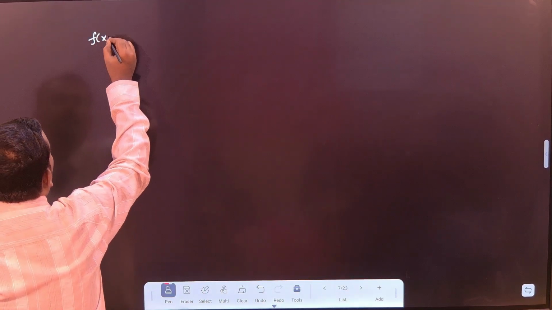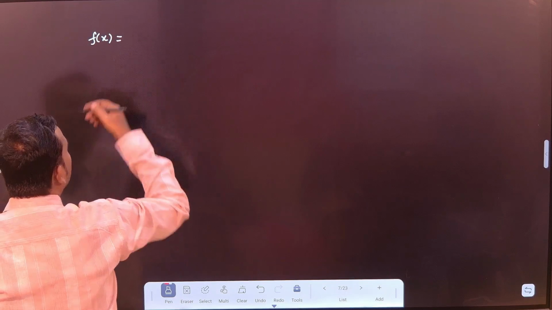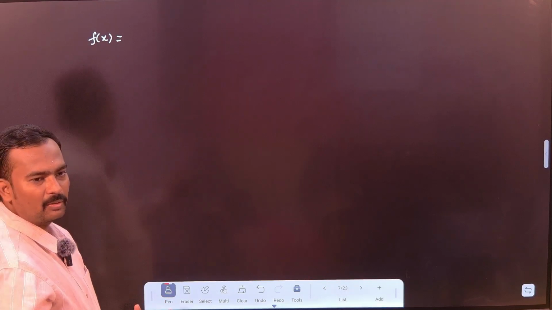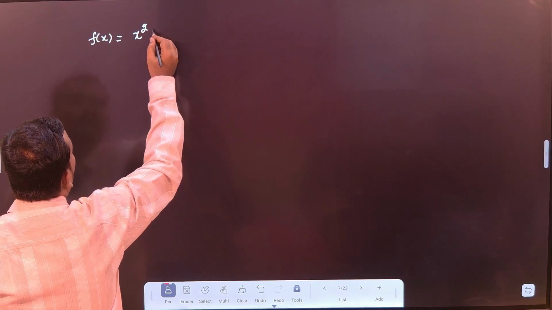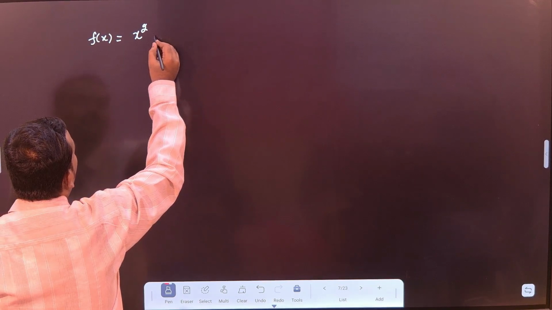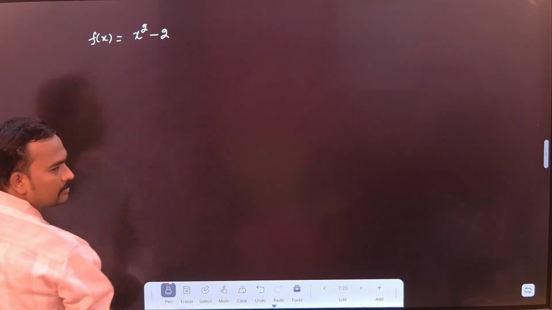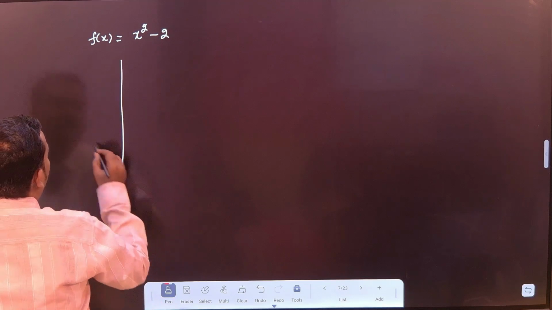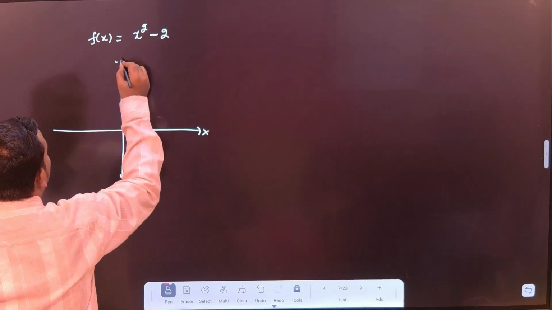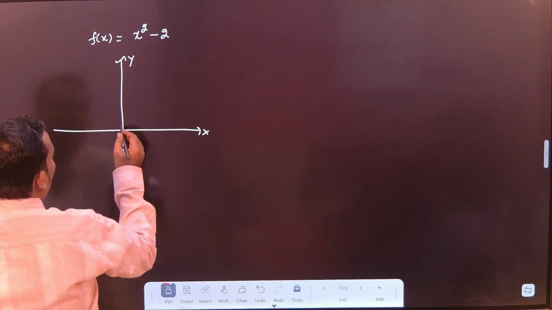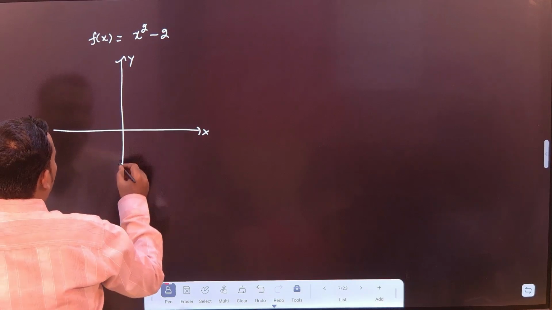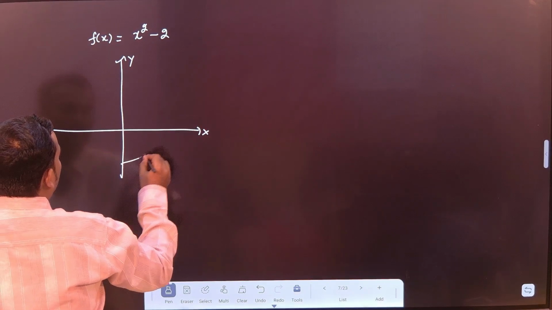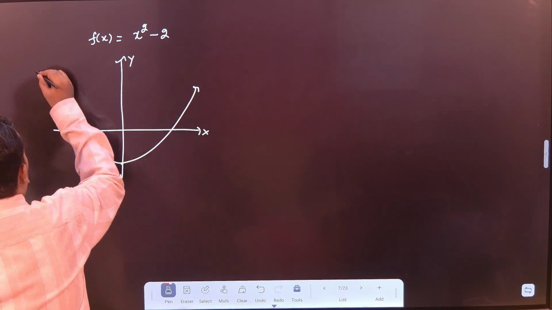So f of x equal to, simply e power x we already took, so let me take x square minus 2. Then what's the graph of this? This is the x axis, this is the y axis. The reference graph y is equal to x square passes through the origin. So you just shift it 2 units down.